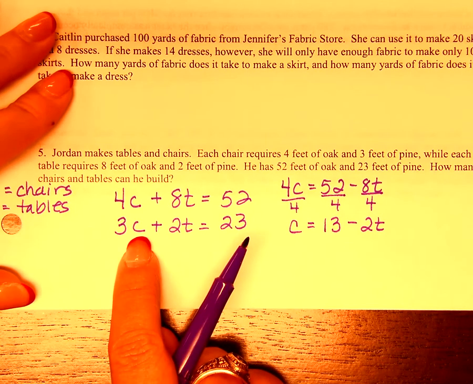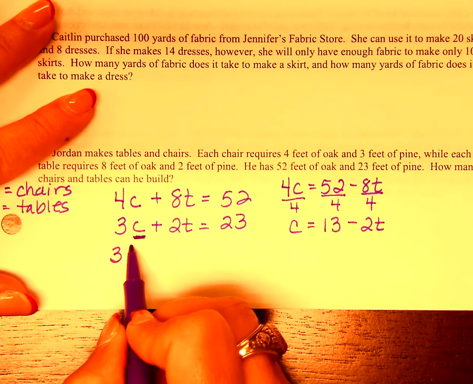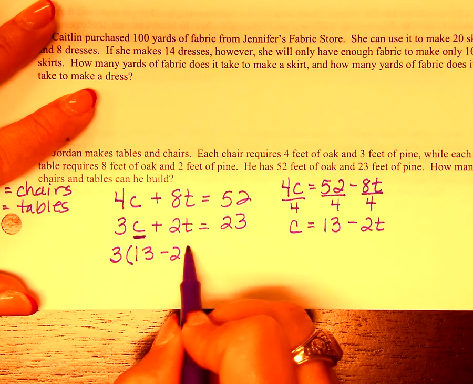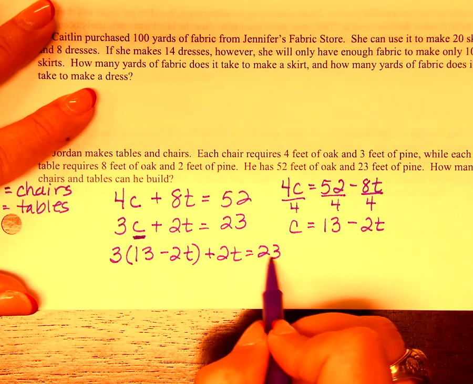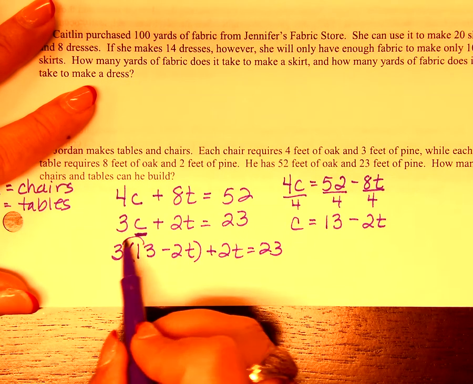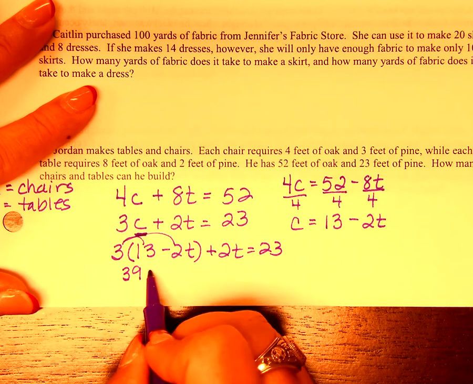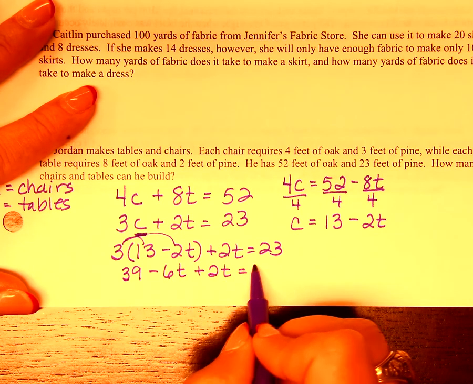So here, I need to plug it right in there, right? So 3 times what I know C equals, which is 13 minus 2T, plus 2T equals 23. Distribute. So 39 minus 6T plus 2T equals 23.